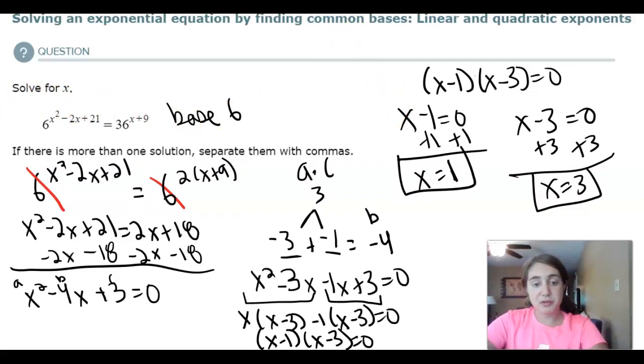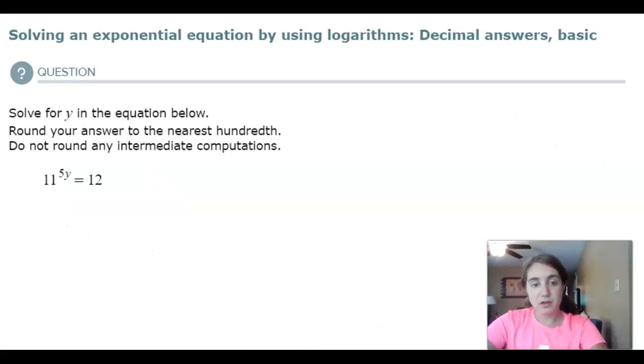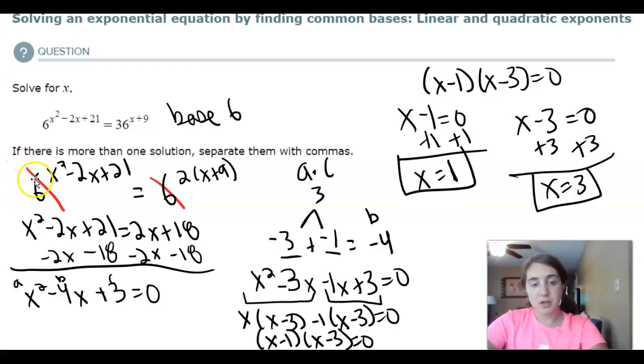So that's what we would do if when we set the bases equal, we have something with a quadratic.